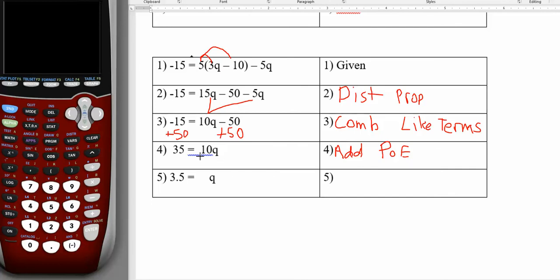And then finally, how did we get the 10 to disappear? Well, we did the inverse of that as well. We divided by 10. So that results from the division property of equality. So on those 1 or 2 test questions like this, you're just going to have to tell me what you did to get that last step.